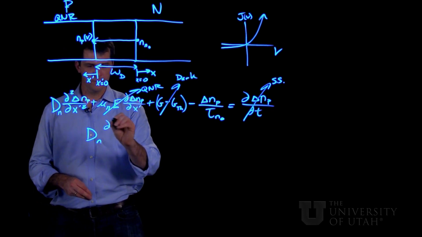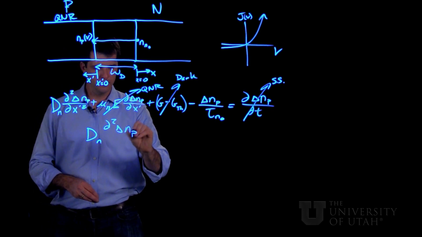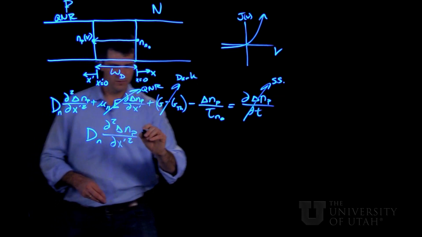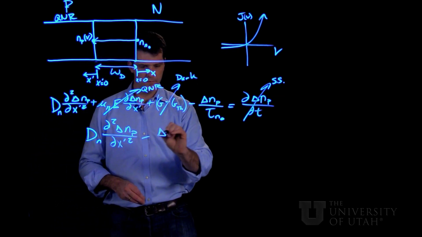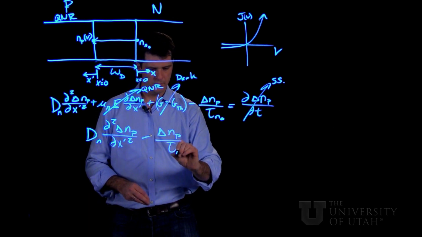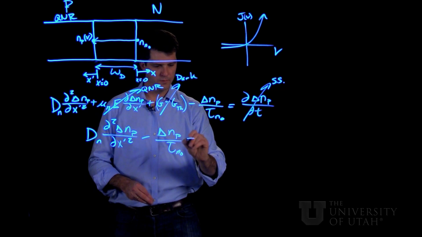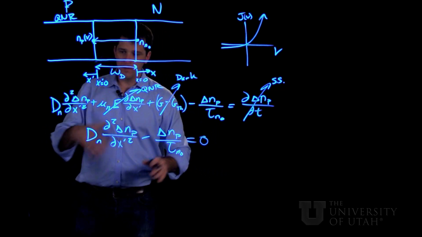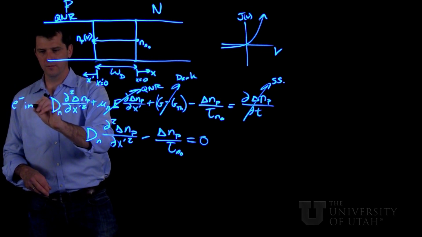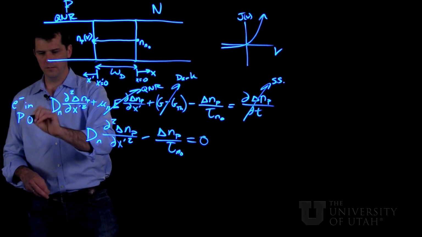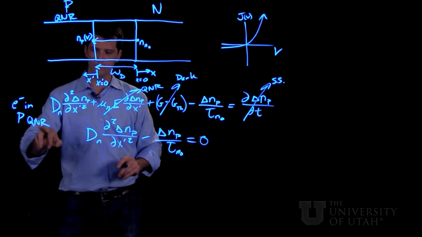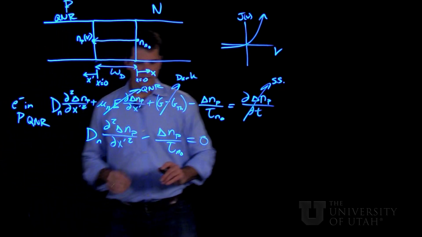So we've got a double derivative minus the quantity itself over tau n naught equals 0. And we could write similarly for holes in the n-type quasi-neutral region also.